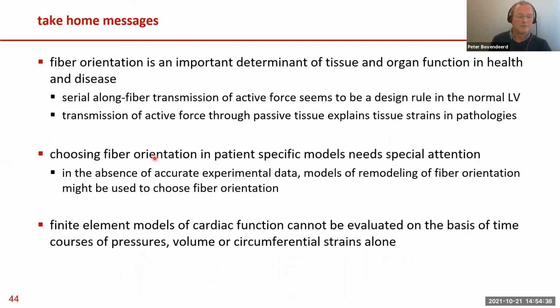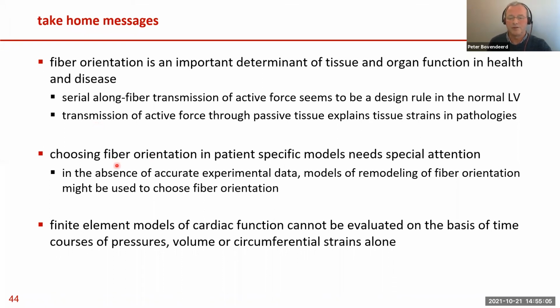And that's about it. This is a summary of what we have seen. Fiber orientation is important, and transmission of active force through active elements seems to be a design rule for the normal heart, because then we get best pump function and best matching of experimentally observed deformation.